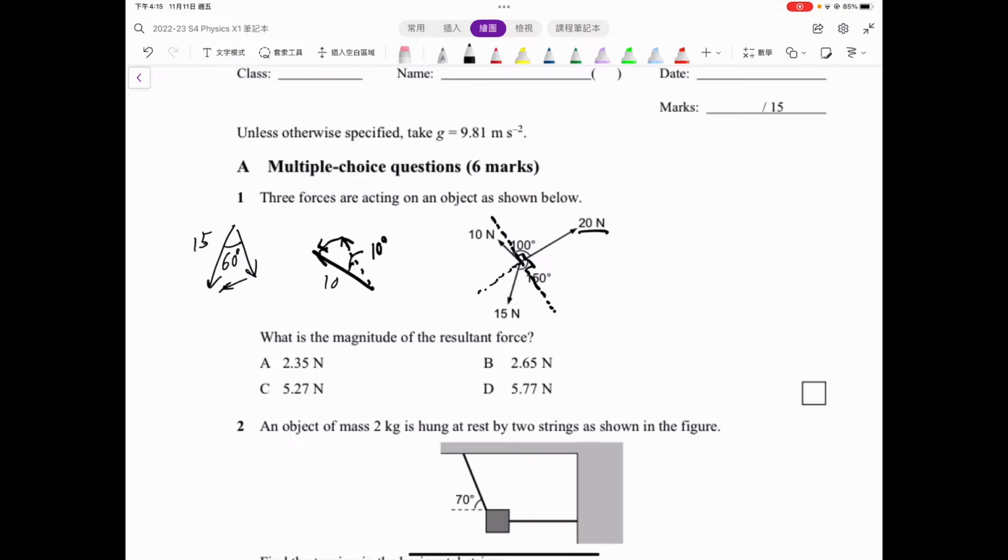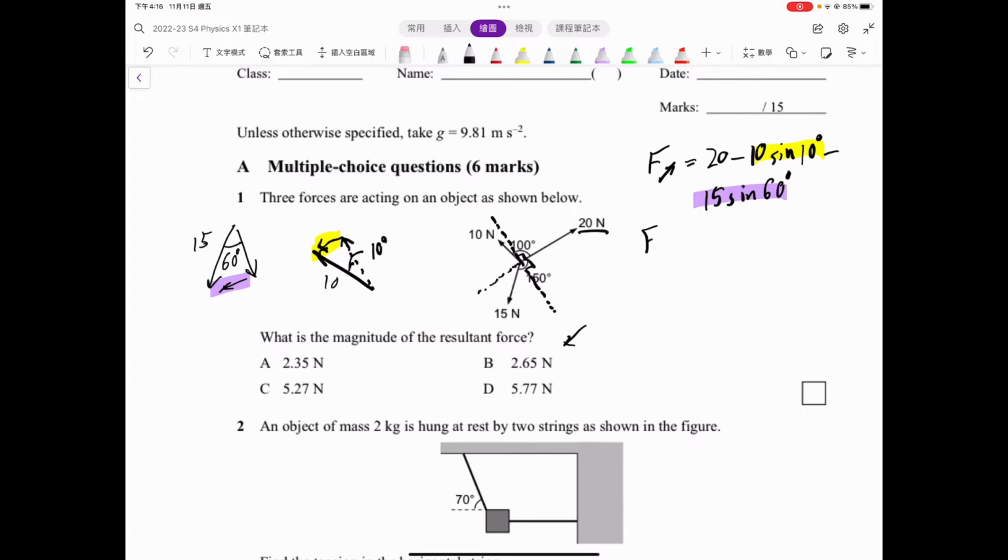First of all, the force in this direction is equal to 20 Newton minus, because the direction of these two forces is this direction, minus 10 sine 10 degrees, and also minus 15 sine 60 degrees.